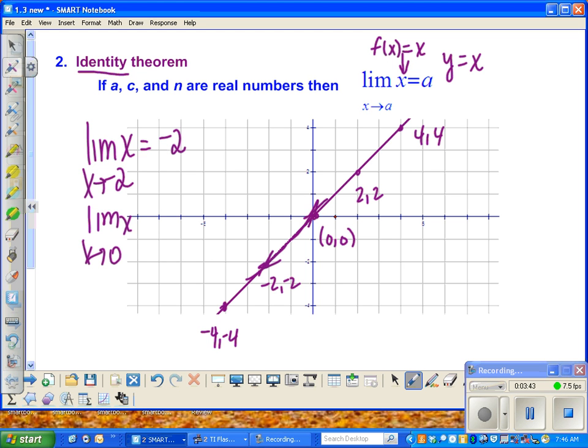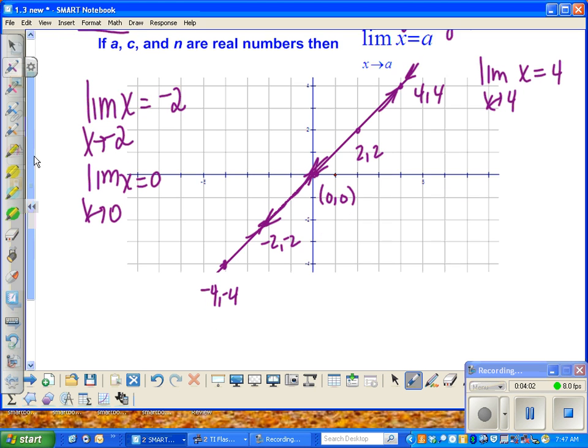And as we approach from the right, so therefore this would be 0. So if we want to do the limit of x as x approaches 4, as we approach 4 from the left, the limit would be 4, and from the right, so it will be 4.